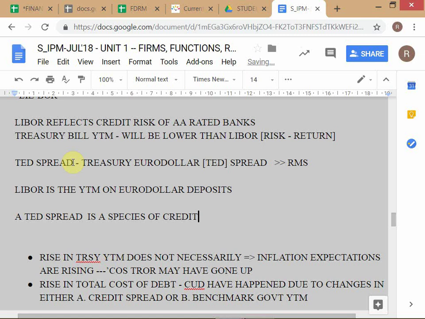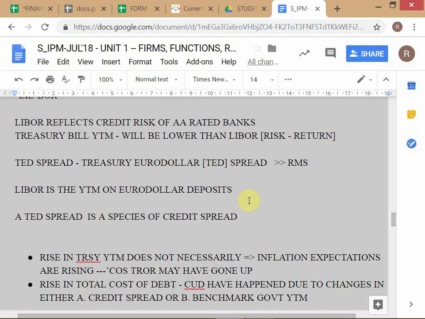Do you understand that? Based on what I've told you, the TED spread is the difference between the euro dollar interest rate, the interest rate on euro dollar deposits, and the US Treasury yield for the same maturity.